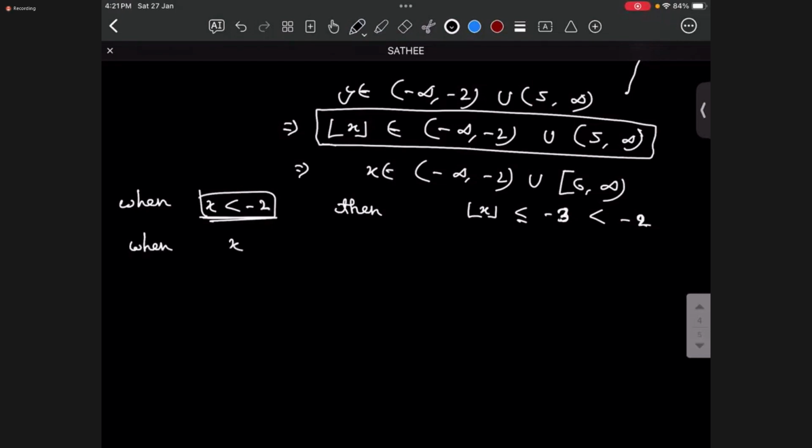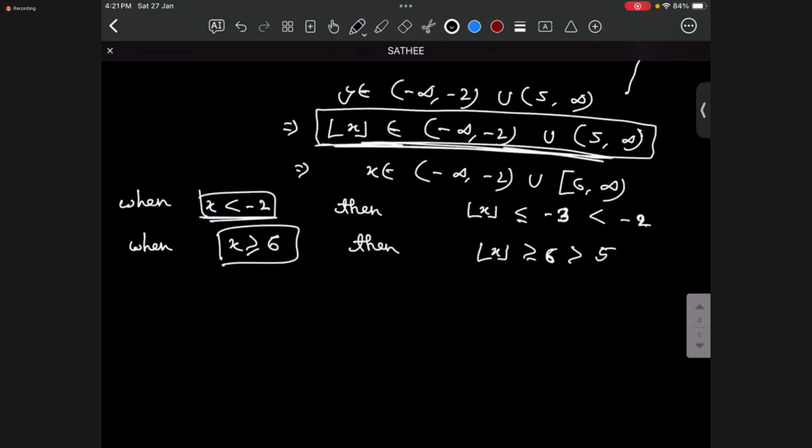When x is greater than or equal to 6, then box x should be greater than or equal to 6, which is greater than 5. So for this range, obviously, box x is in this range. Now what about the middle portion?